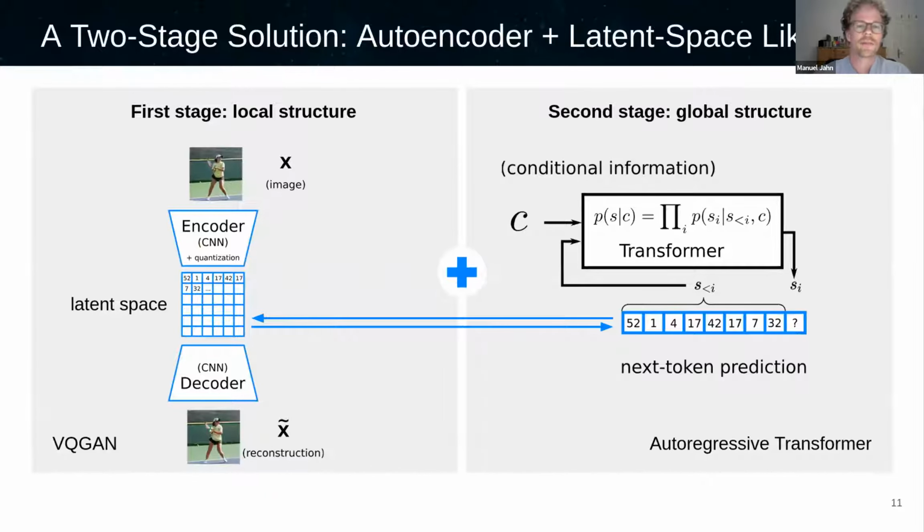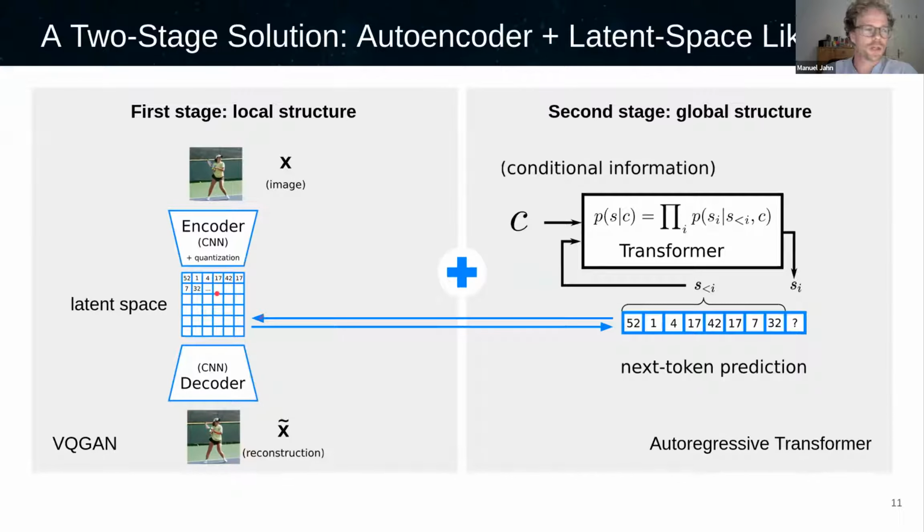Let me give you a high-level overview of our method, which consists of two stages. The first stage is, in essence, a convolutional autoencoder, so a network that is trained for image reconstruction via a bottleneck. A special feature of this autoencoder is its discrete latent space that uses only integers.